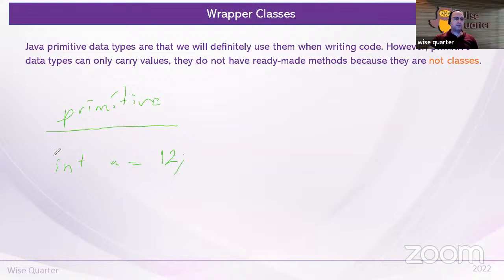How do we understand if the first letter is a lowercase? It means it's a primitive. It doesn't have complex functions, features. It is only storing the number. That's all. When you say a, computer will say 12. It doesn't have another feature. And it doesn't have any pre-made method.